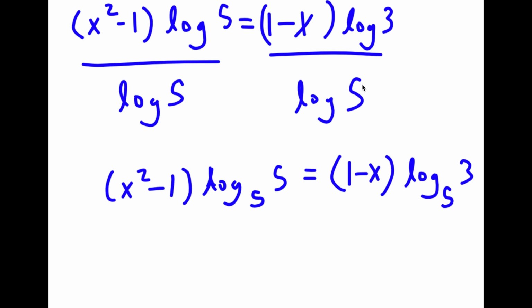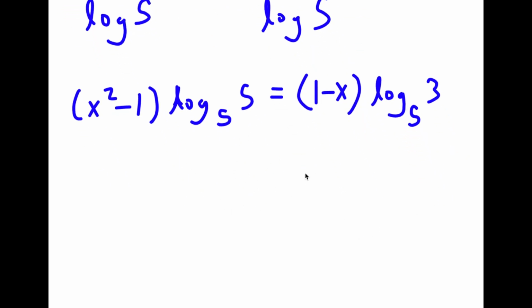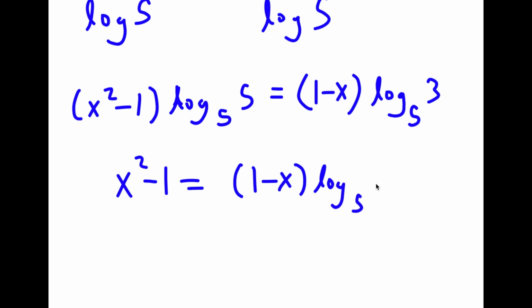So if you divide two logarithms, the logarithm that's being divided by turns into the base. Now log base 5 of 5, that's obviously equal to 1. So now I have x squared minus 1 is equal to 1 minus x times log base 5 of 3.